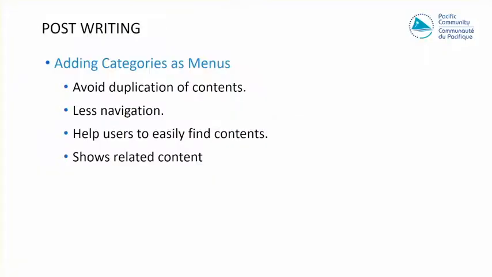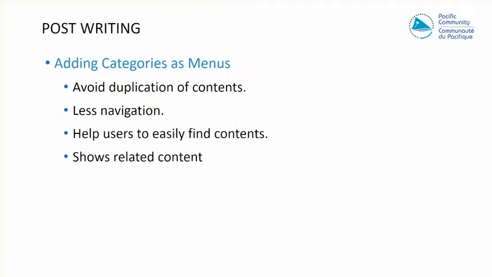So you get to do fewer clicks in navigation. You click on a category and it displays all the posts within that category, one being at the top because we checked it as a sticky post, so it stays at the top. Adding categories also helps users to easily find contents relating to that specific topic.